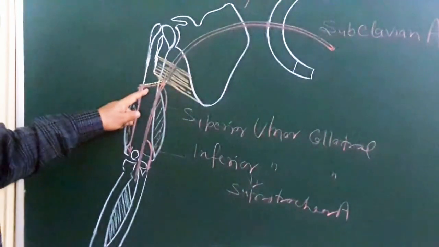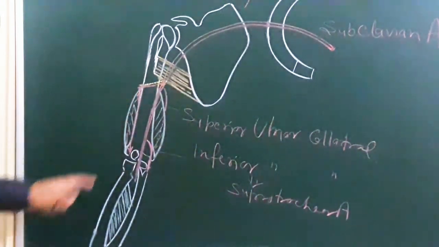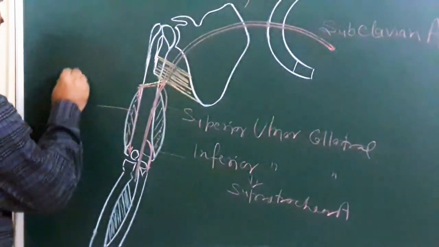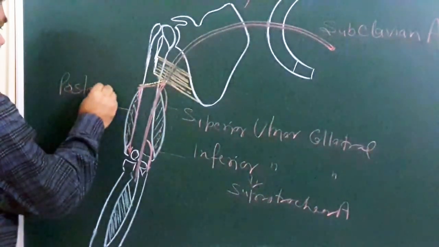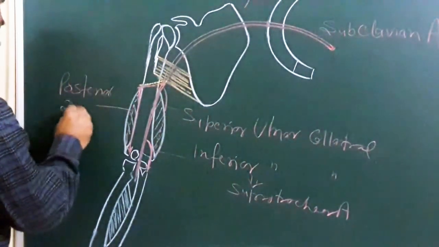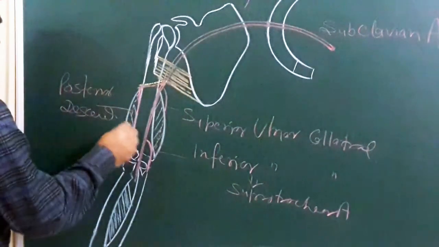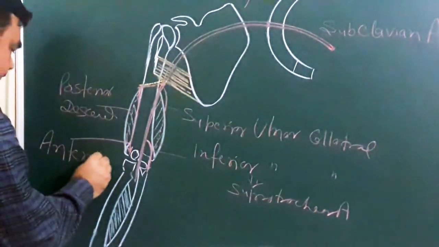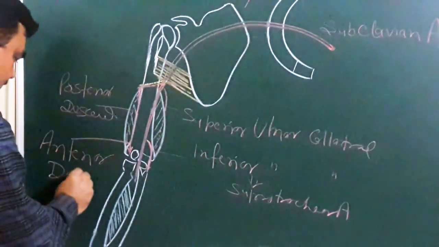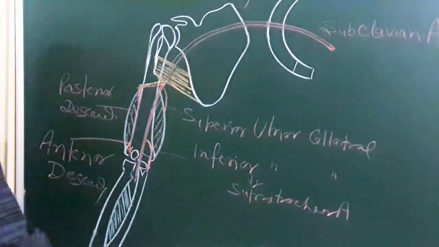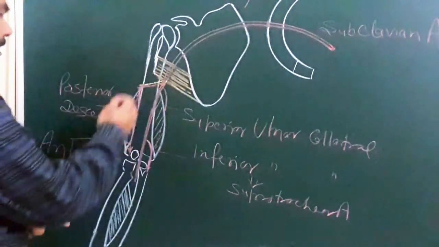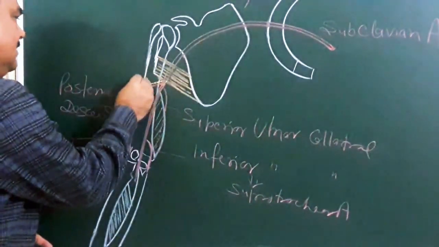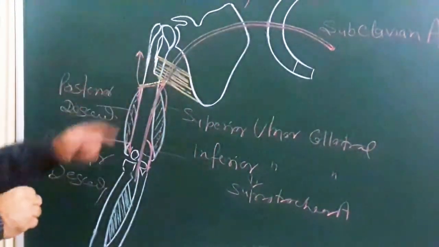So profunda brachii gives the posterior descending branch and here is the anterior descending branch. It gives other branches also. Here is the ascending branch or deltoid branch.